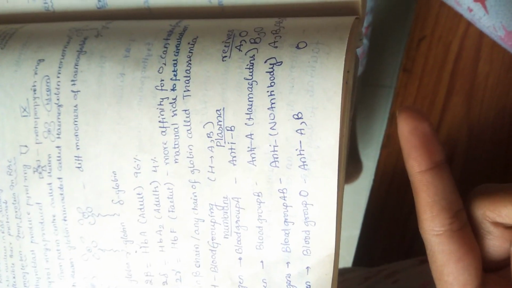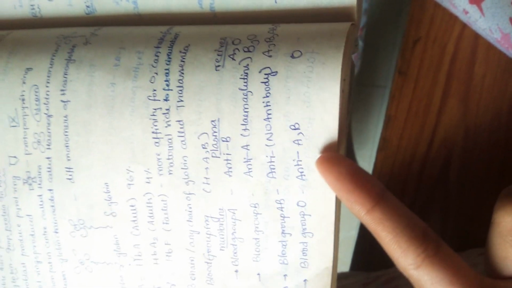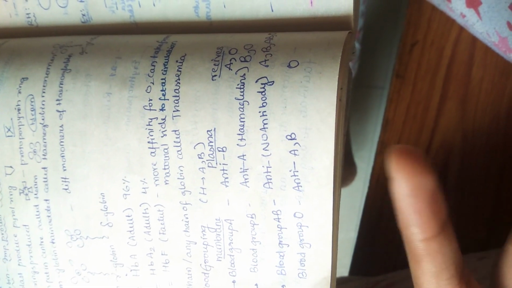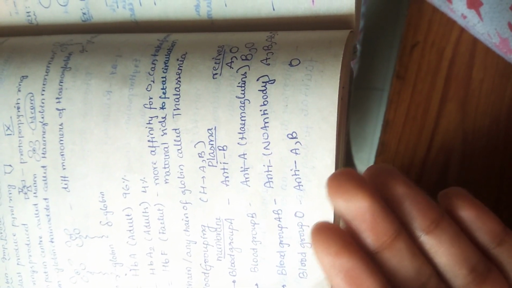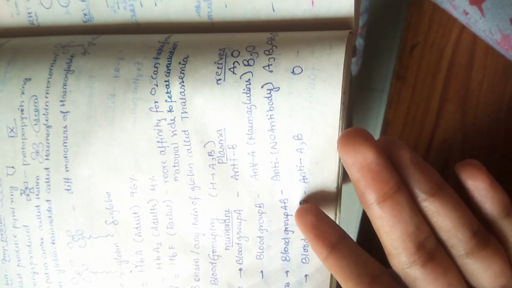It may also cause shock sometimes, because anti-B is distributed throughout the whole body. And if you take AB also, it is a problem because you will form anti-B. But if you take O, it is not a problem, because O has no A or B antigens.